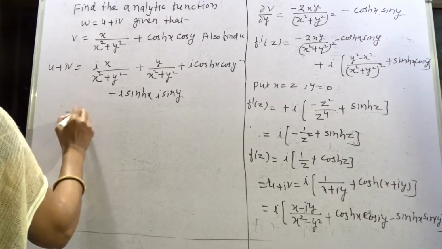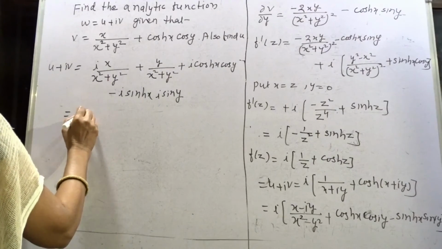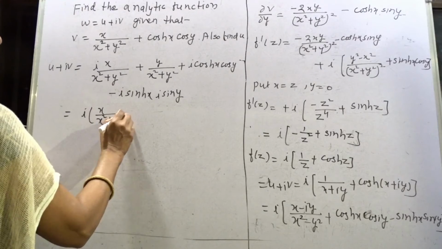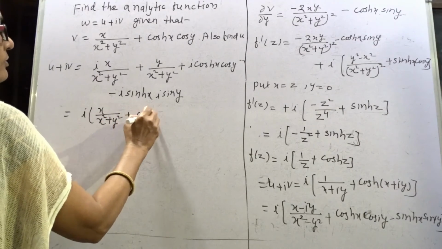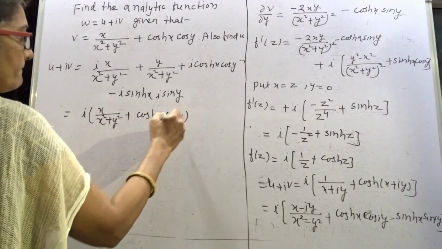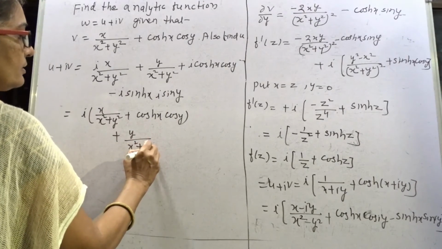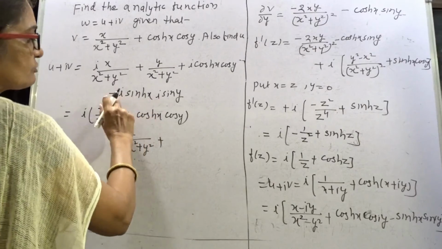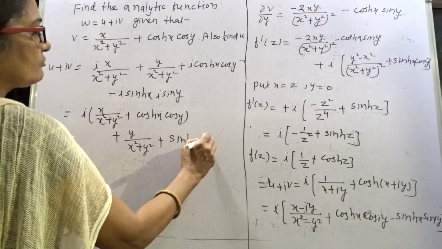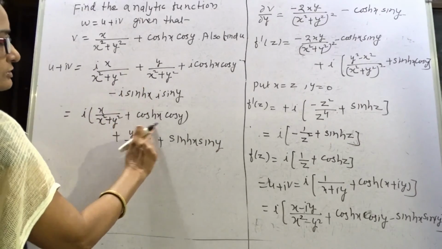These two terms are imaginary terms, so i into (x upon x square plus y square plus cos hx into cos y), plus y upon x square plus y square plus, since i square is minus 1, plus sin hx into sin y. So this is v, which is already given, and this is u.